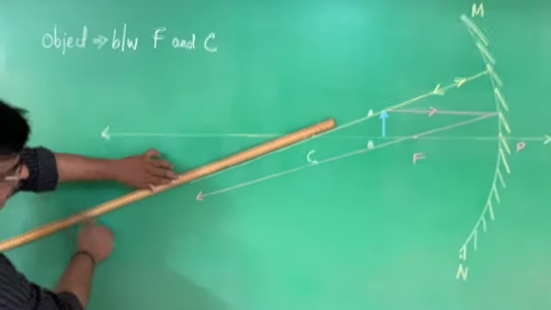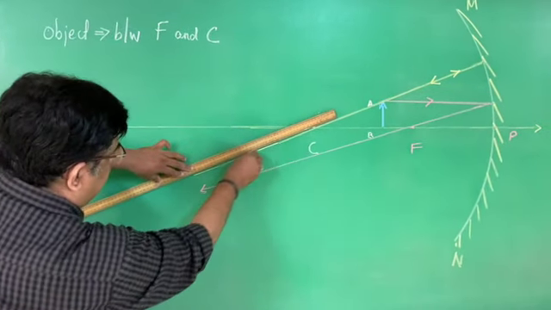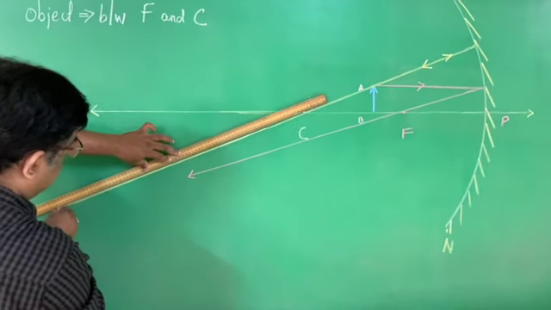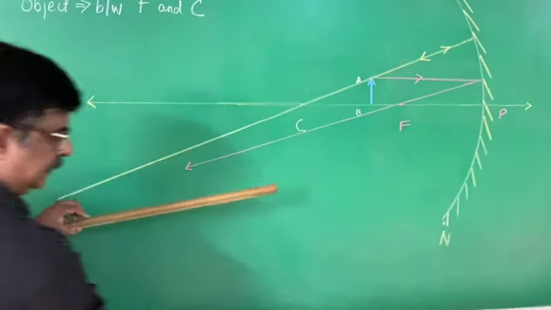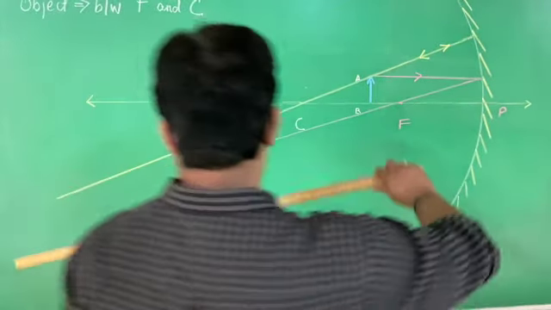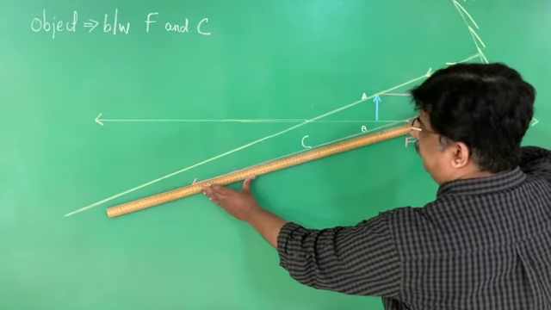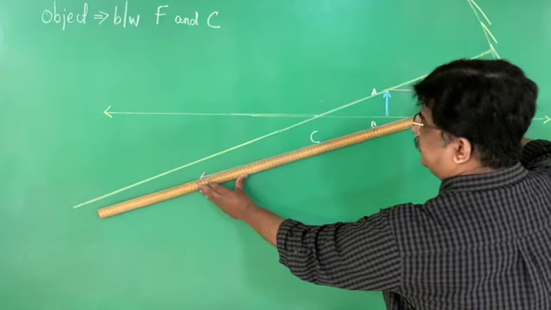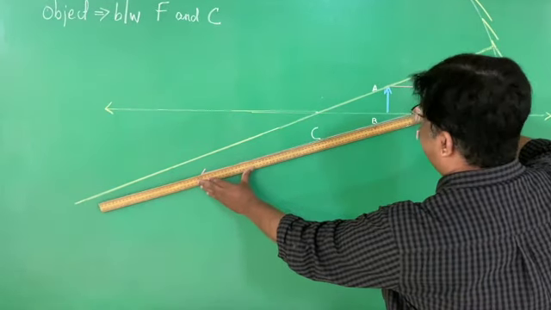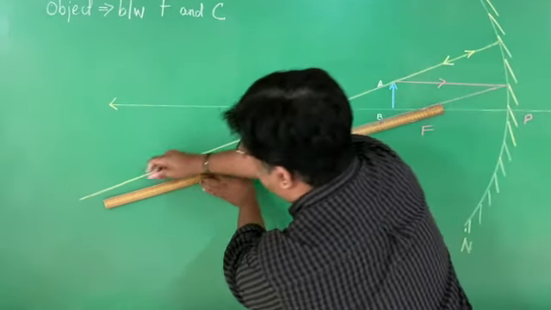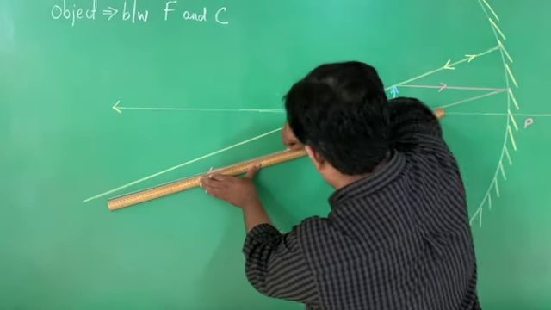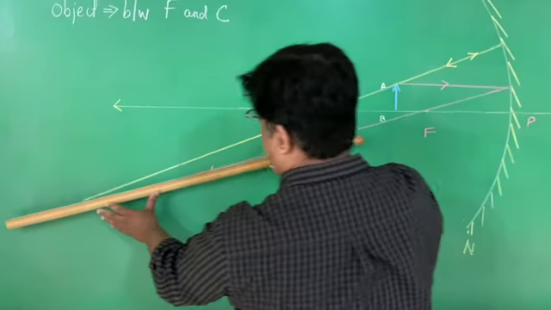It is a ray of light. We can extend this. See, I extended. Then I extended the reflected ray, which is known as the principal focus. This ray also I extend. Still I don't think it is going to meet. I should extend further.